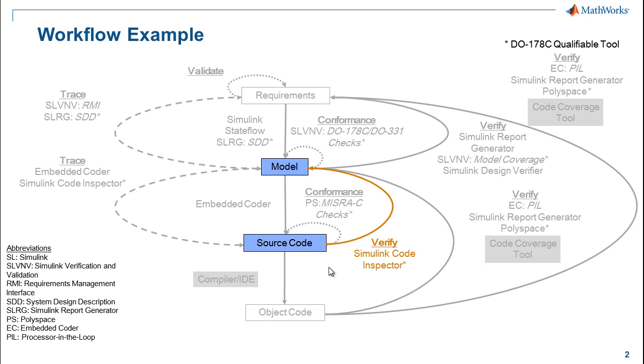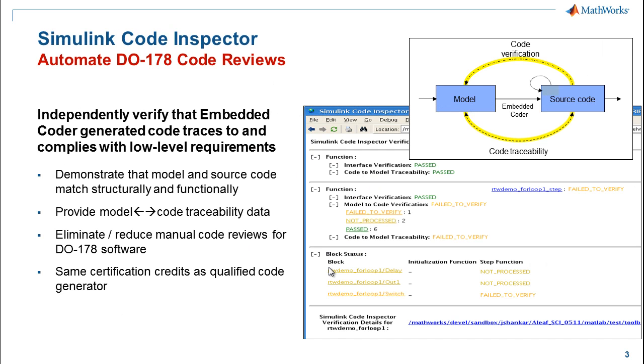So we need to review the source code against our detailed design to ensure that everything in the design was properly implemented in the source code. Simulink Code Inspector is an independent verification that the code generated by Embedded Coder is correct and that everything in the model is properly implemented in the source code. That's the idea of Simulink Code Inspector: to automate your DO-178C code reviews.